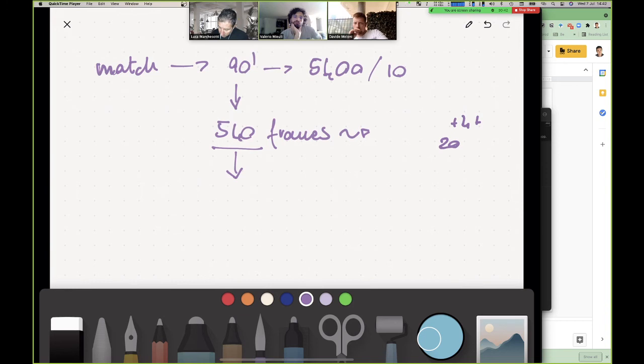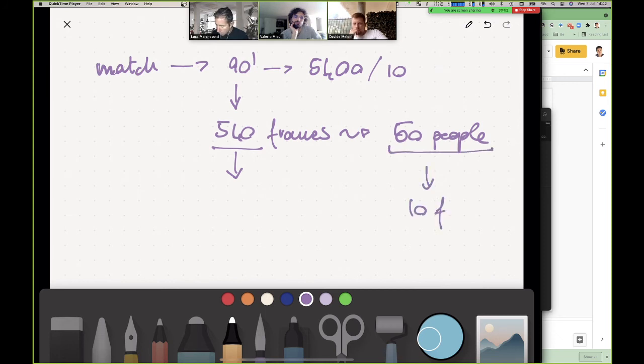Because if you have 50 people in total, it means that in 10 frames, you get all of them. Let's say that in 100 frames, you need 50 frames to take all of them, at least once. To see them at least once.